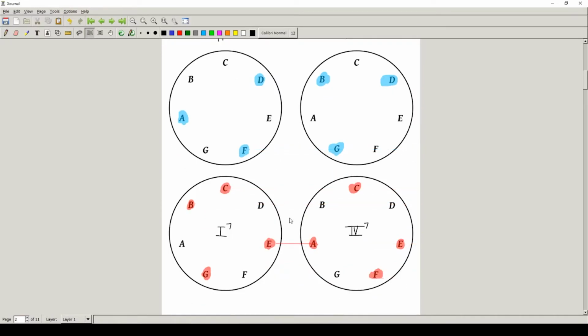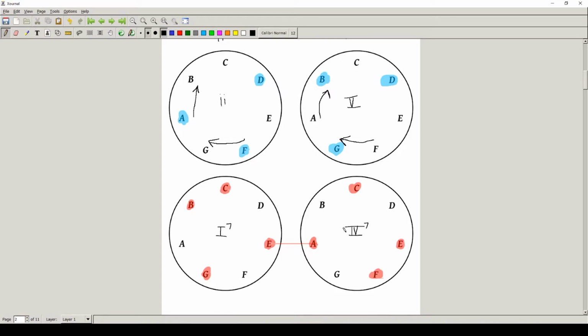Now, the really cool thing here is that not only are chords complementary with each other, but voice leadings are complementary with each other. In other words, what I mean by that is when A moves up to B, when I go from 2 to 5, or when F moves up to G, what that does is A moving to B creates a hole at A and forces B out of the picture.